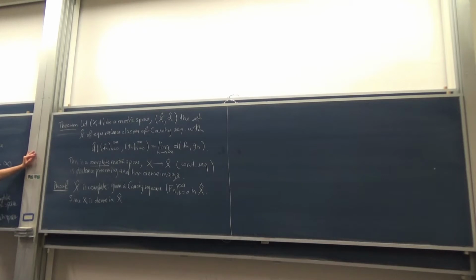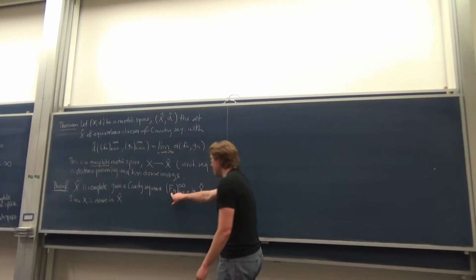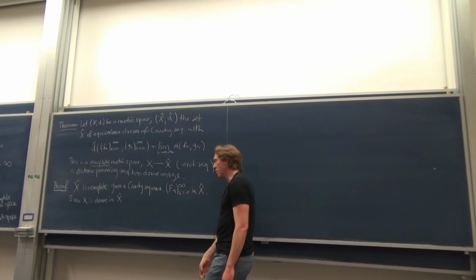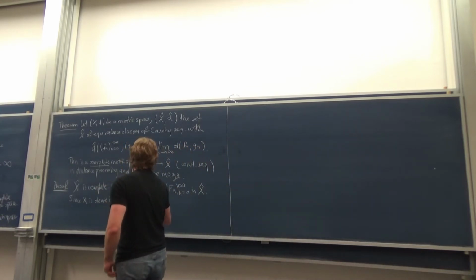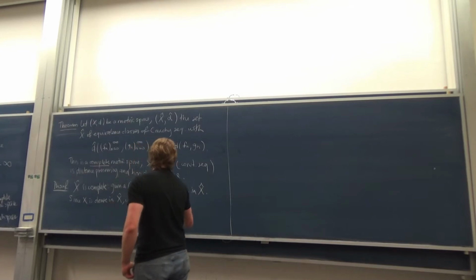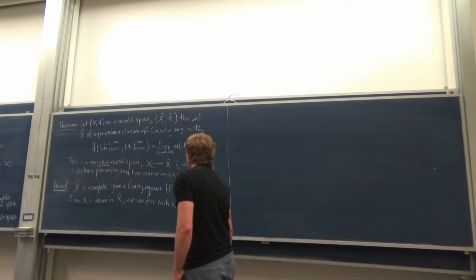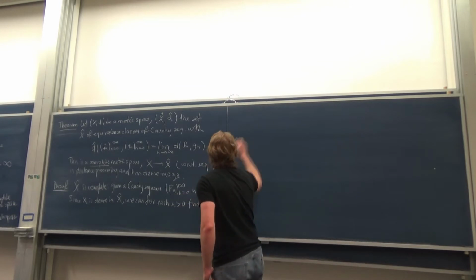Well, since X is dense, that means that I can approximate, for each n, this element of X hat arbitrarily closely by a constant sequence. So I'm going to approximate Fn within a distance of 1 on n by an element of X.